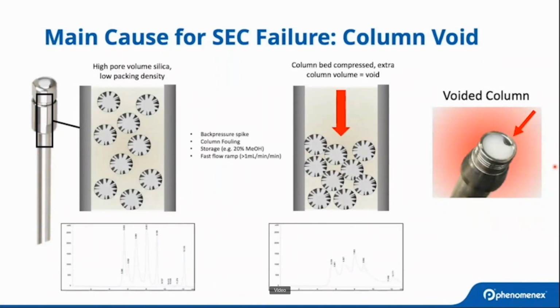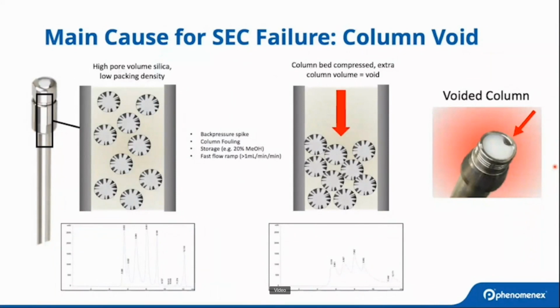Now, although size exclusion is a mature technique, it's plagued with many issues over the years. If you've run a size exclusion column, you'll likely have experienced protein adsorption, out-of-the-box failures, and unexpected and premature column death. The root cause of these issues can be traced to the systemic use of relatively weak particles.